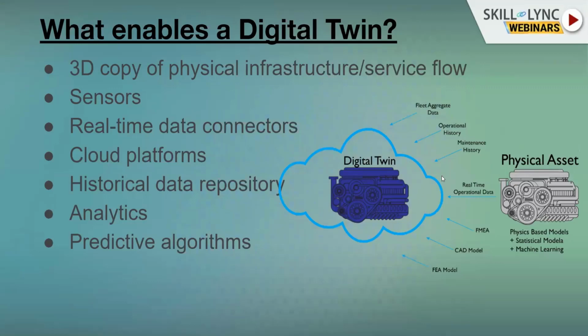That kind of history will be stored in the cloud platform, in a historical data repository. The historical data repository will carry all the information of what has happened before, and what the temperature, pressure, or vibration data was at the point of failure.